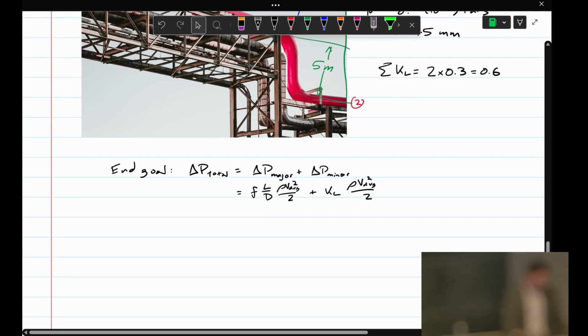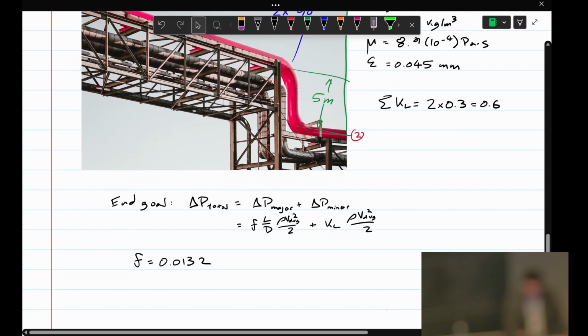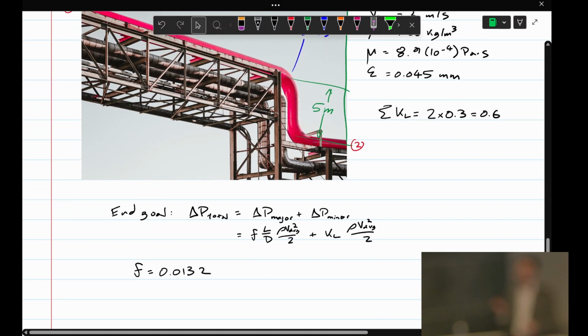So in the interest of time and not making this feel rushed, I did major losses last lecture. So maybe consider it an additional exercise to verify that the friction factor for this works out to be 0.0132. So that's a constant friction factor along the entire pipe.